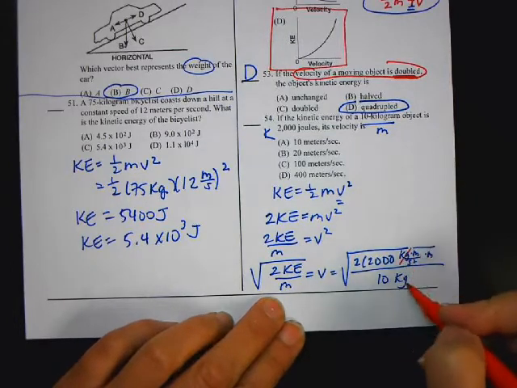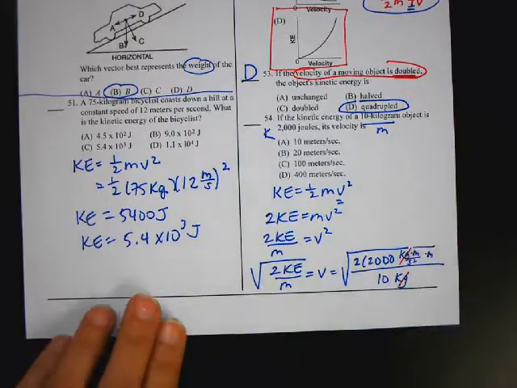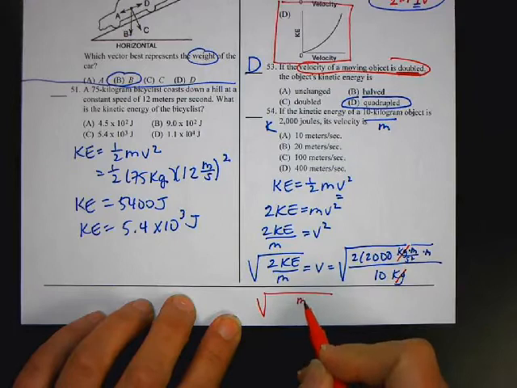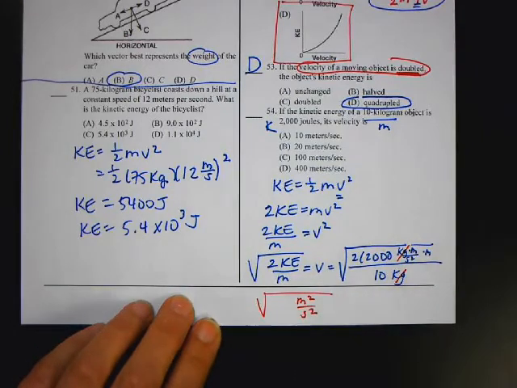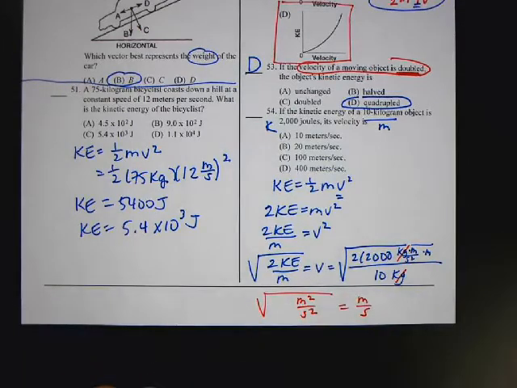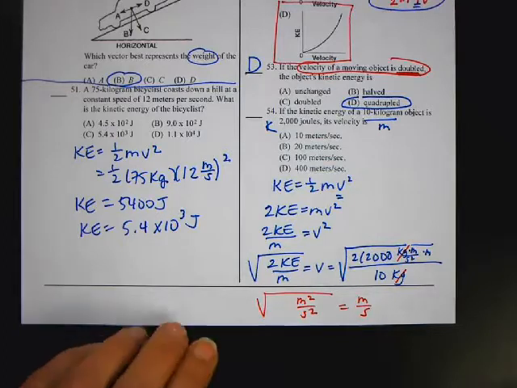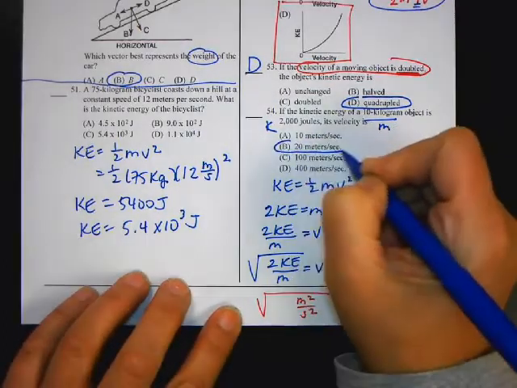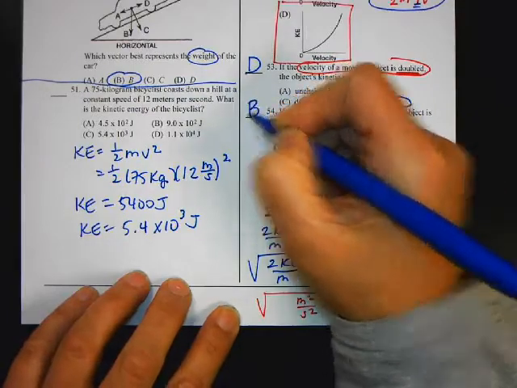So this cancels with that. So underneath the radical, I'm actually going to have, besides my number, meter squared over second squared. So when I take a square root of the number, I also take the square root of the unit, and I get meters per second, which is the correct unit for velocity. So that's why we carry our units through and cancel to check our work. So this one comes out to be 20 meters per second, which is choice B.